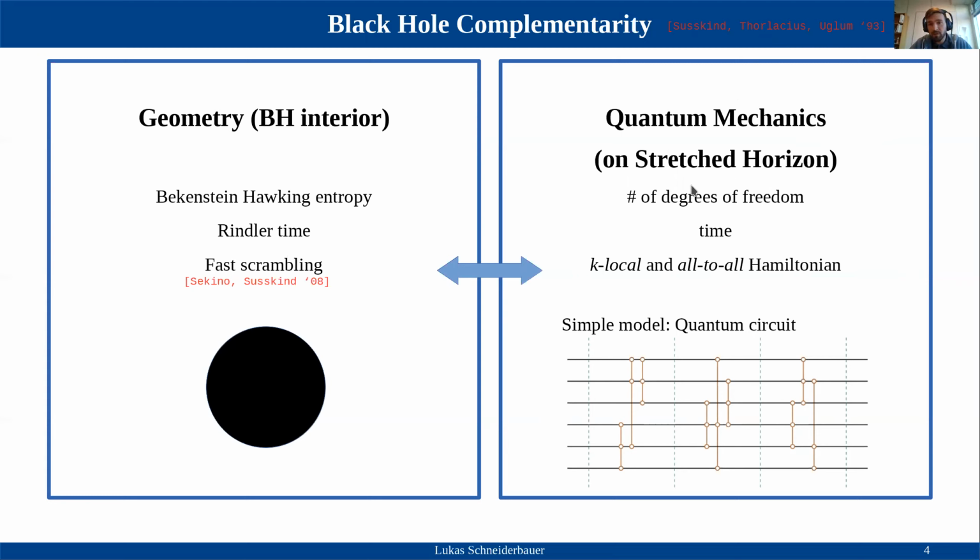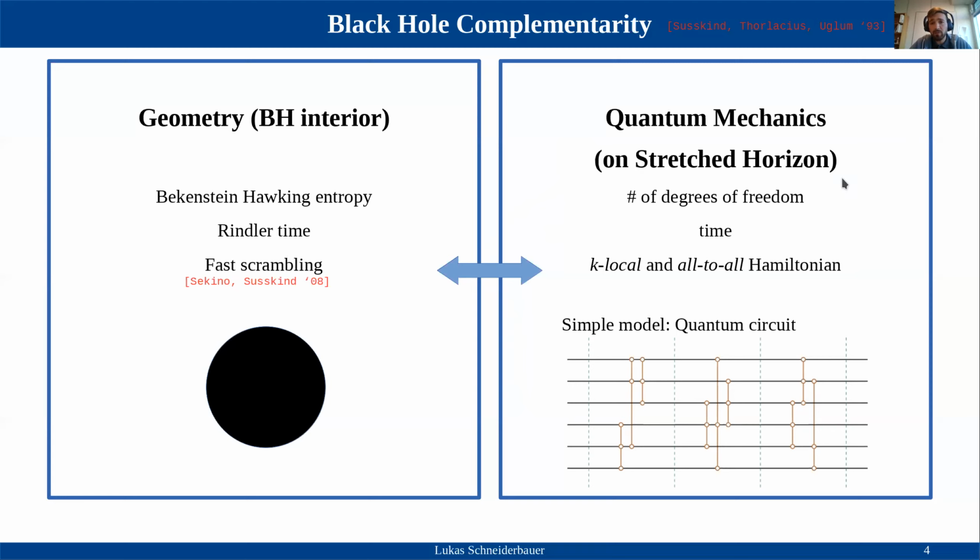We will talk about the stretched horizon in more detail later on, but for now we can think of it as some membrane at or very near the actual event horizon of the black hole.